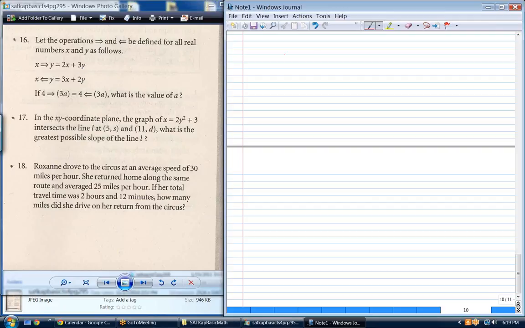So if I have 4 arrow 3a, what is that equal to? You take the quantity on the left of the arrow and substitute it for x, and the quantity on the right of the arrow and substitute it for y.